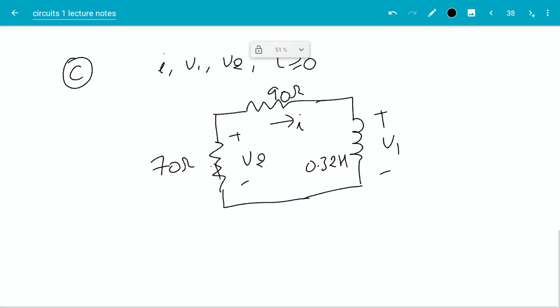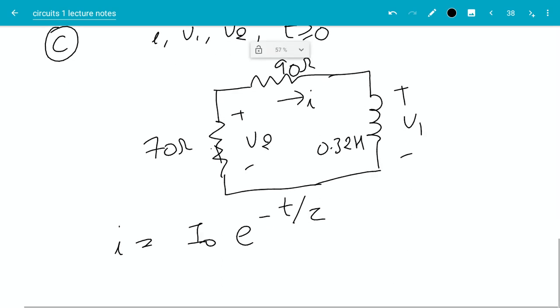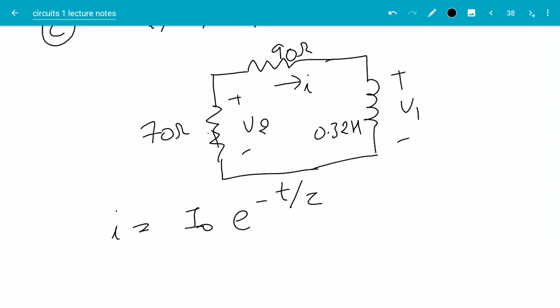We know the current through the inductor, I, will be equal to I0 times e to the minus t over tau. I0 we got as 2 amps.